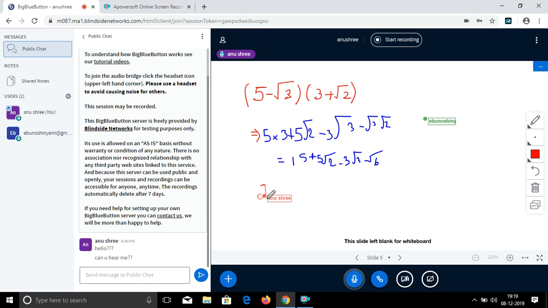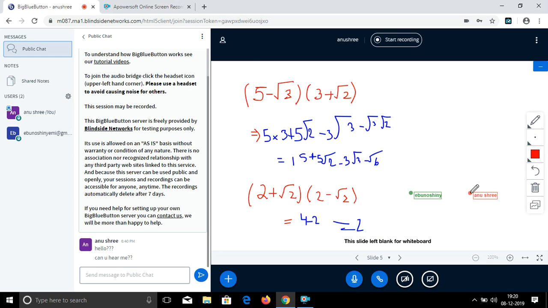So it's 2 plus root 2 multiplied by 2 minus root 2. Solve this one. Yes, that's correct.